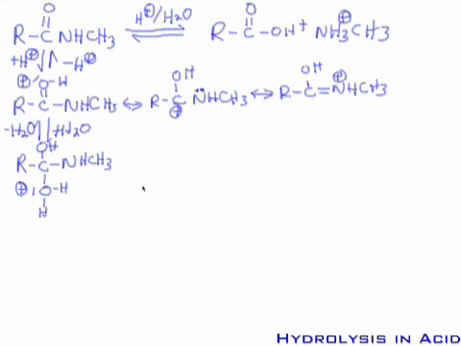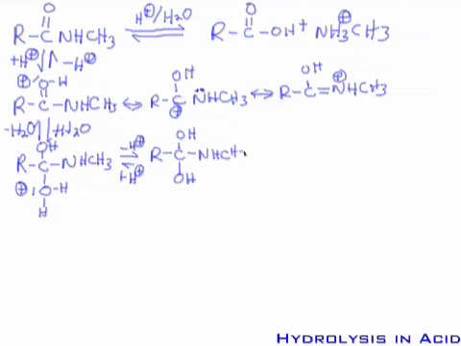Next, we can deprotonate, minus H plus. Going back would be plus H plus. Minus H plus off the protonated water will give me RCOH, OH, NHCH3.